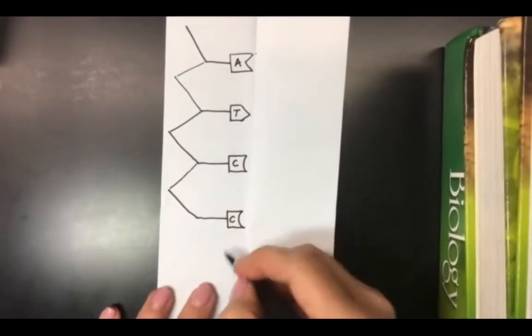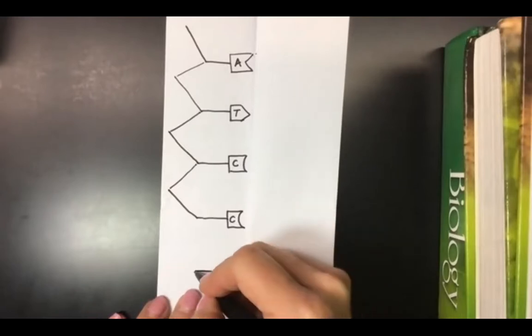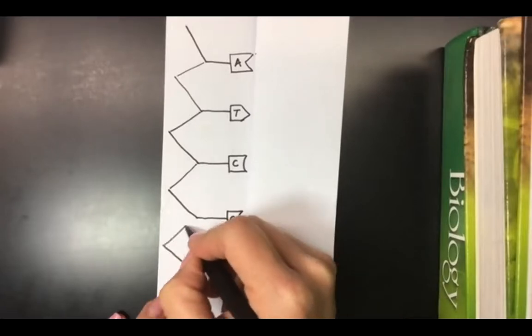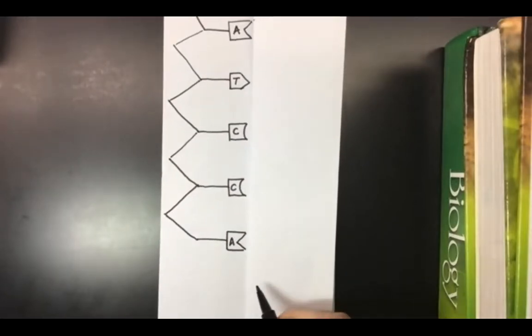I'm going to make my next one another A, with a covalent bond. And my last one, I'm going to make a G, just because we haven't put one on there yet.